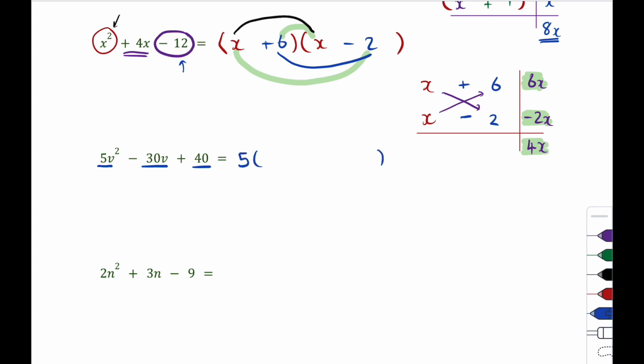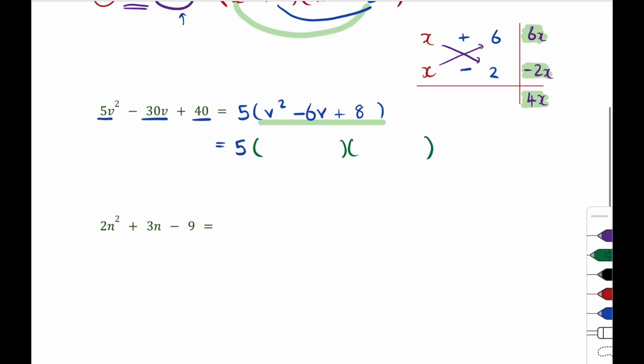So what I have here then would be 5 outside the bracket, v squared minus 6v plus 8. And now I can factor what is inside this bracket. The 5 cannot just disappear, so we need to have the 5 there. But I know that this bracket can be factored into 2 more brackets.